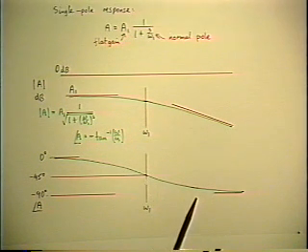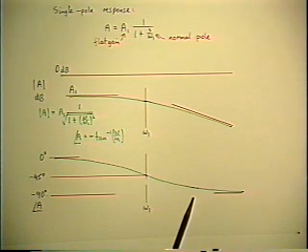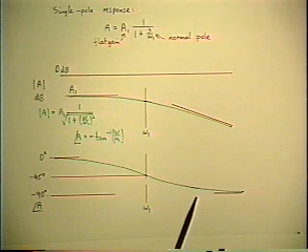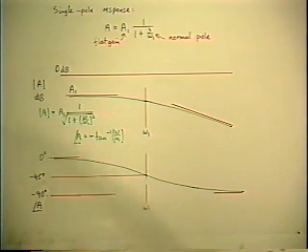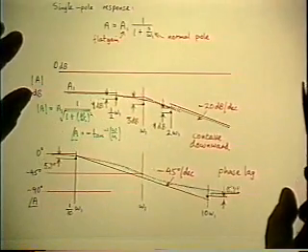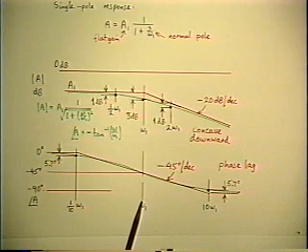I don't remember what that number is. And the reason I don't remember is I don't like it. Because there's a better one to choose. All I remember about that number is that it's less than 10 times the actual corner frequency.